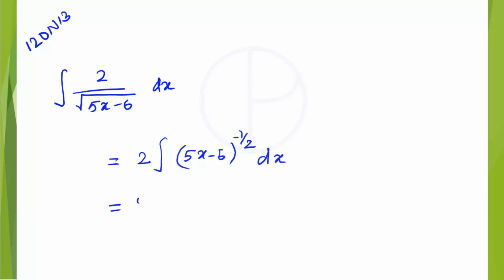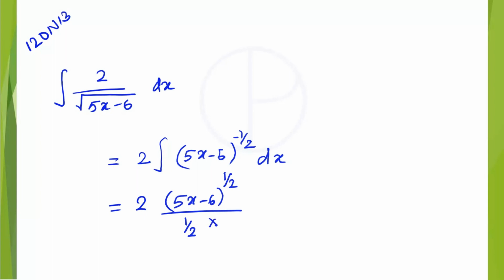This is equal to 2 multiplied by the base, which is 5x-6. Increase the power by 1, so you'll get 1/2, the whole thing divided by 1/2.